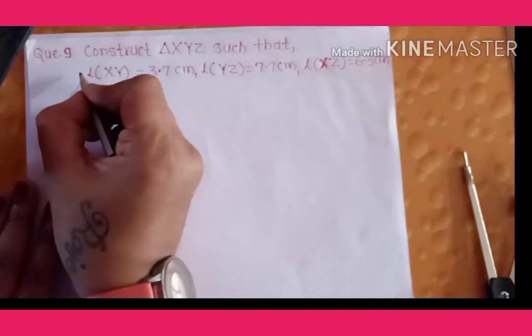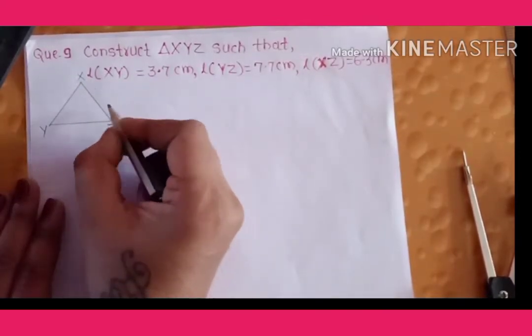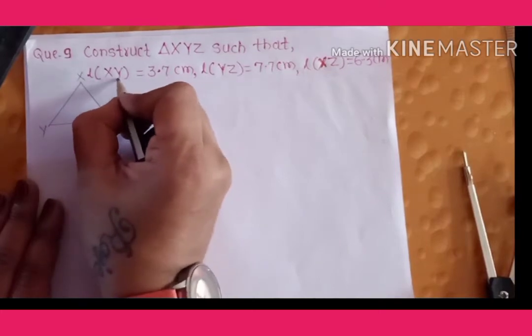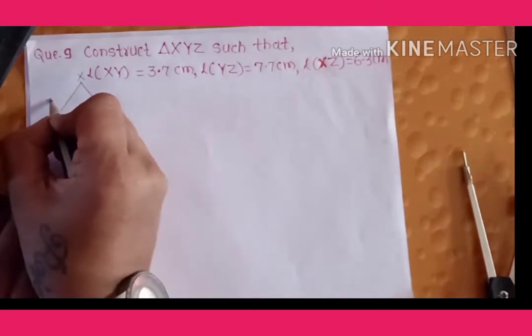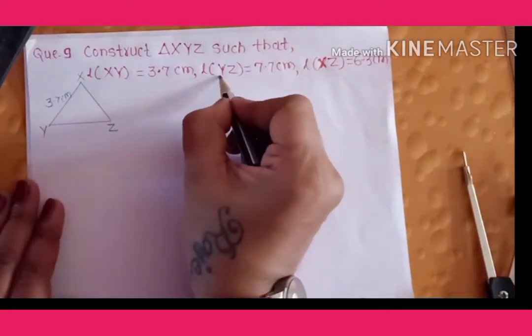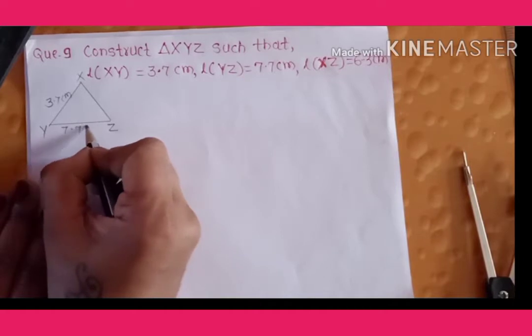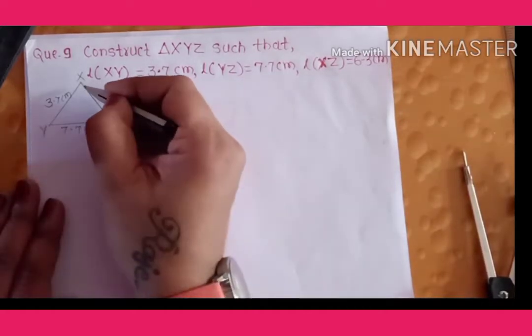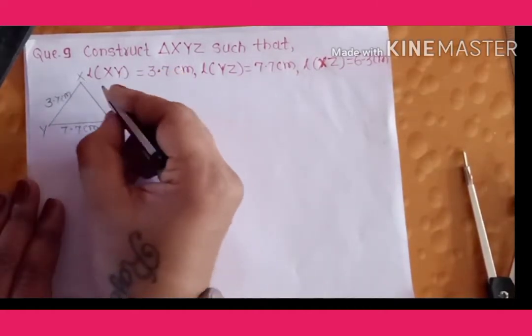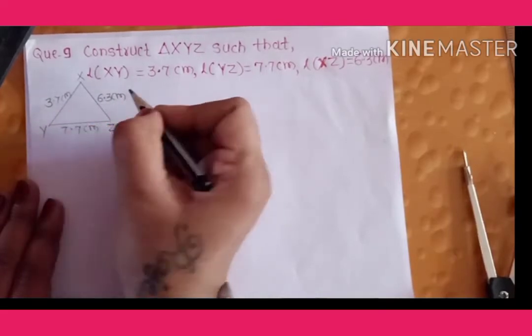Triangle XYZ. Length of segment XY is equal to 3.7 centimeter. Length YZ is equal to 7.7 centimeter. And length of segment XZ is equal to 6.3 centimeter.